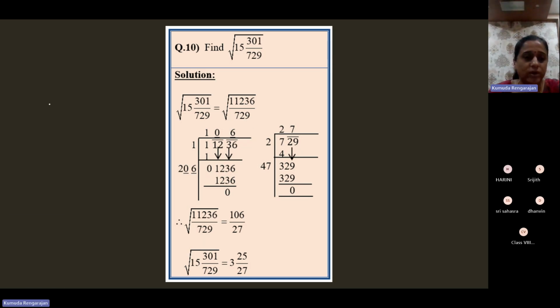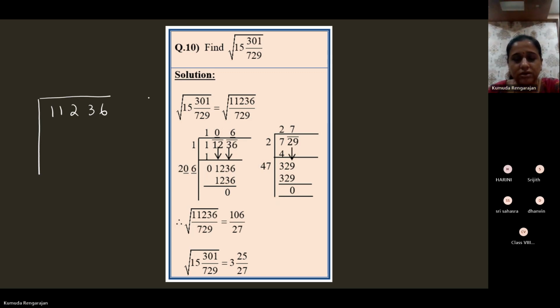Now we'll see how to find the square root. Listen carefully, children. You'll have to group the digits in twos from behind. So 1 stands alone. 1 one is 1, remainder 0.